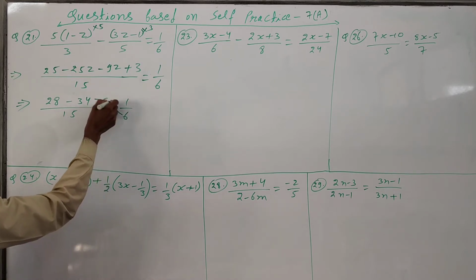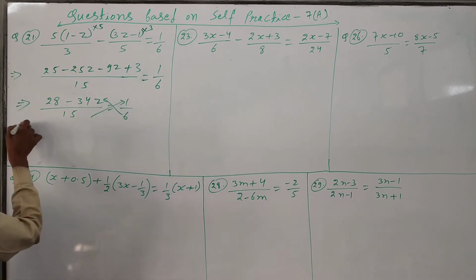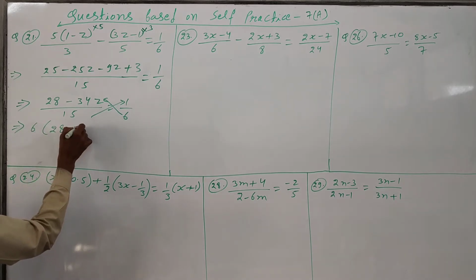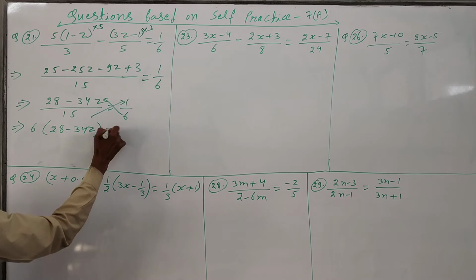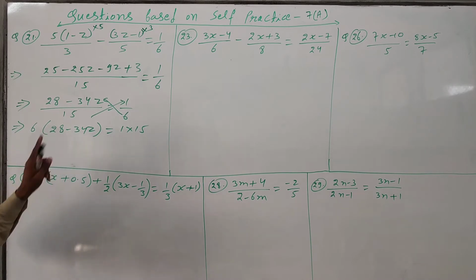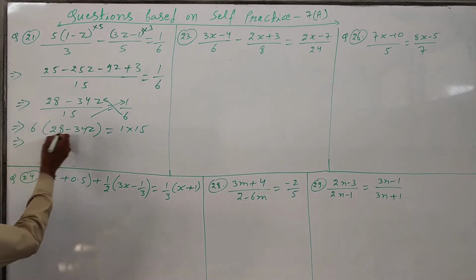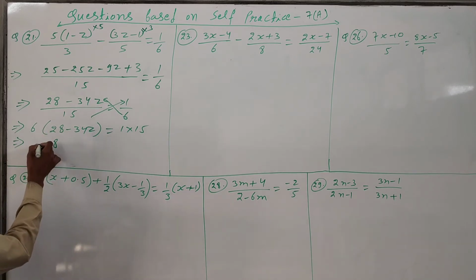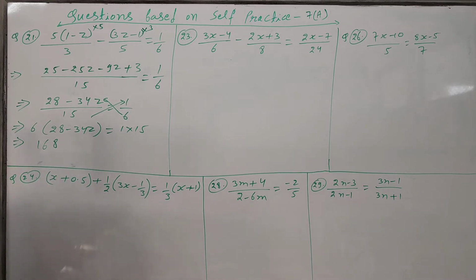Now we have to do cross multiplication. So here 6 into (28 minus 34z) is equal to 1 into 15. Now we have to multiply 6 into 28. How much will come? 6 times 8 is 48, carry 4; 6 times 2 is 12, plus 4 is 16, so 168.